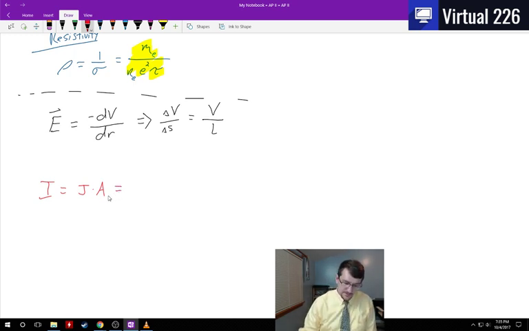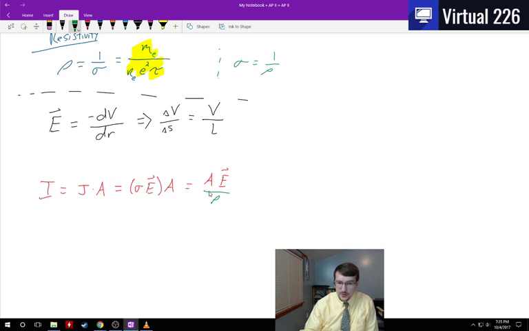Because we know J is also equal to sigma E, the conductivity times the electric field, times A, we could rewrite this as A E, and instead of writing this in terms of conductivity, we would write it over rho, because rho is equal to 1 over sigma, which means sigma is equal to 1 over rho. So I just replaced the sigma with the rho in the denominator. That's the current.